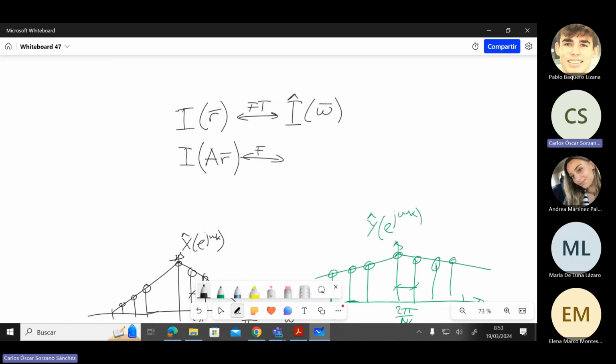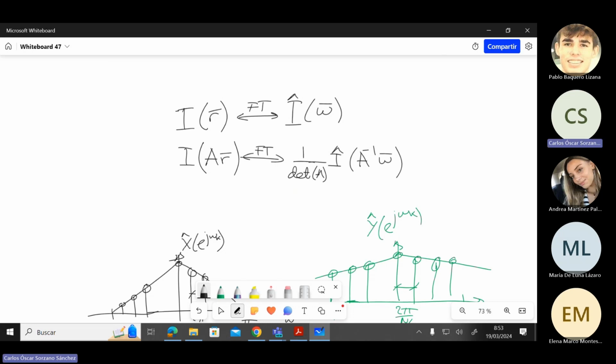Now, the Fourier transform of this is 1 divided by the determinant of A. So this is a more general case of the equation that we had in the slides. This applies to any dimension, any matrix, any transformation.